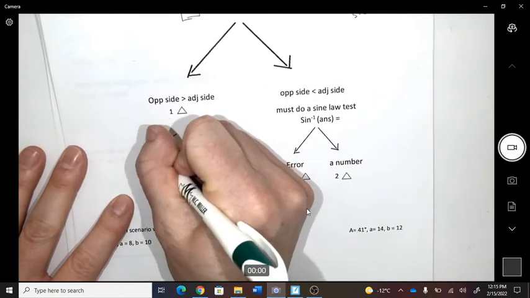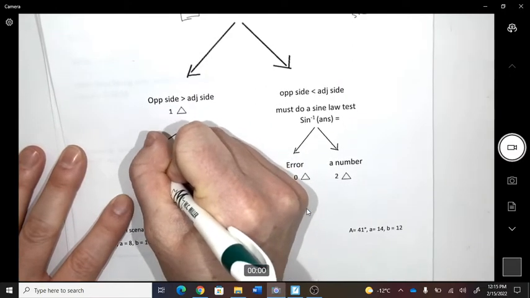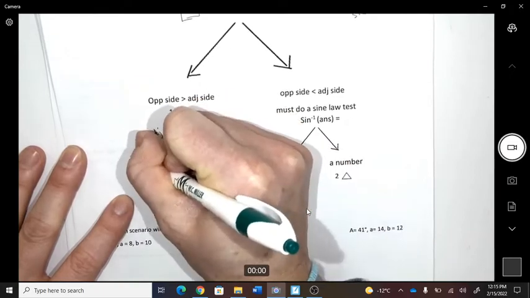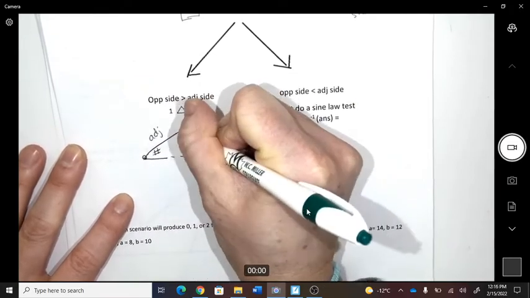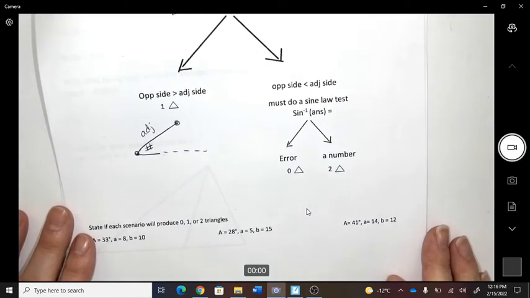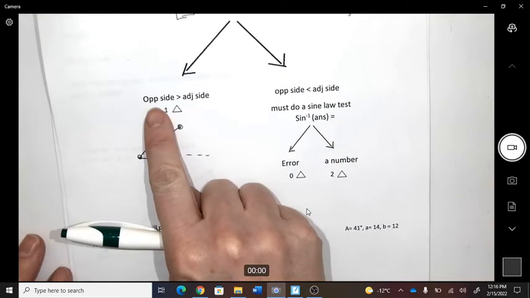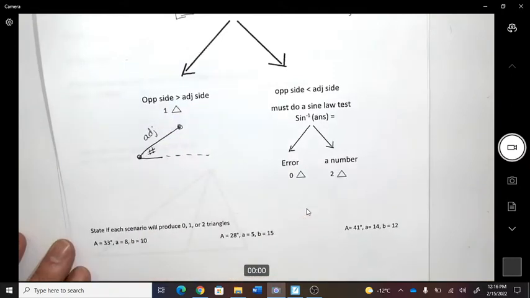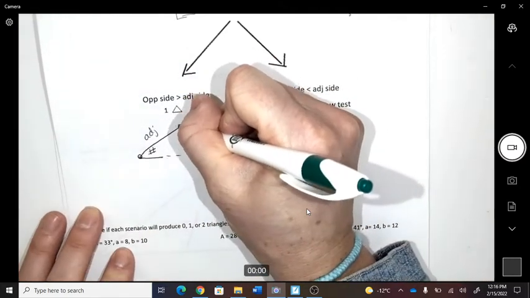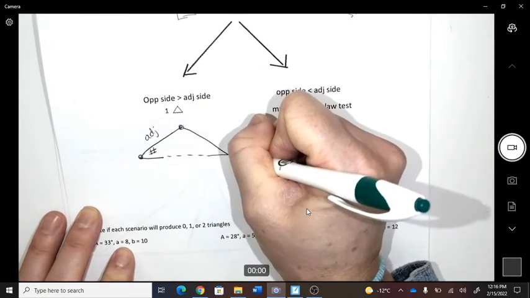If I give you this angle, the adjacent side is there. If the opposite side is longer than the adjacent side, it'll form one triangle.